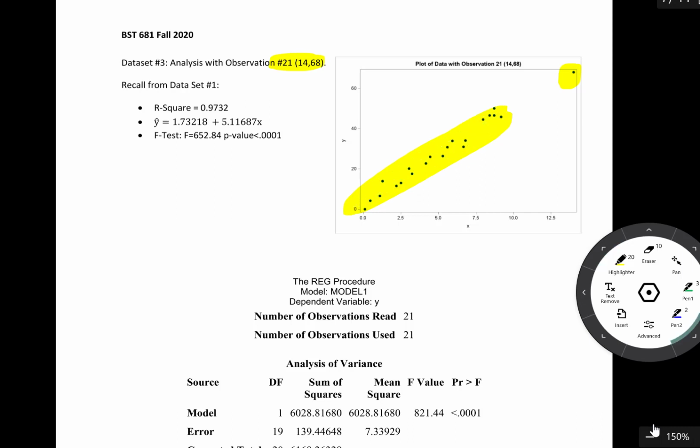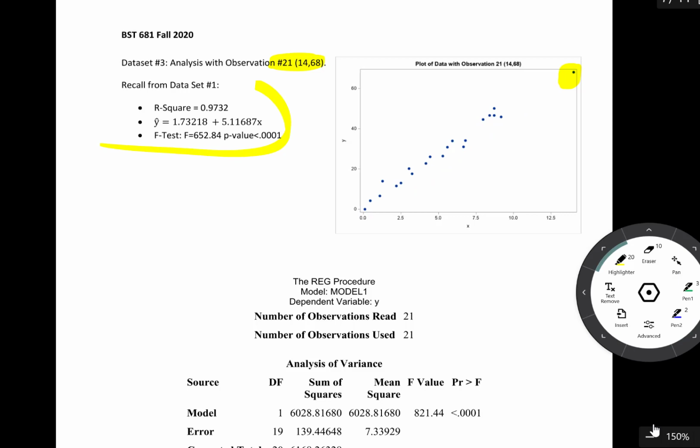If we were to fit a regression line through this, it's reasonable to say the regression line would look something like this. Notice that that new data point follows right along with that trend of where that regression line would go. So intuitively looking at this, we should not expect this to be influential. Because that data point occurs on the path of where the regression line would probably go anyways, I'm not going to anticipate this to be influential, but we do always want to check and see what the data tells us. And so let's do that.